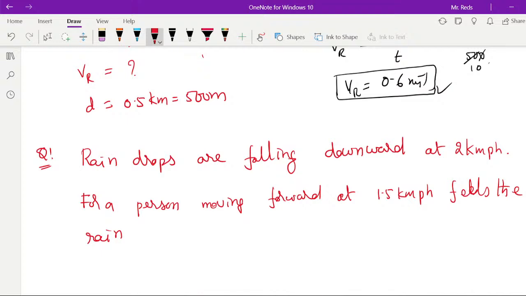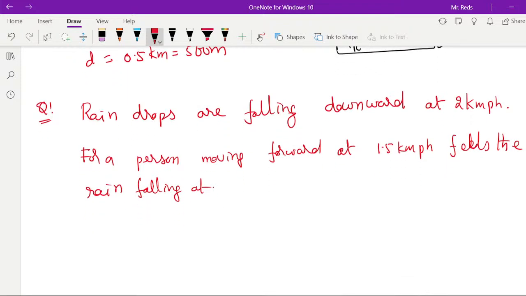Feels the rain falling at. What does it mean? Feels rain falling at. So the raindrops are falling vertically downwards, and this is the velocity of rain.